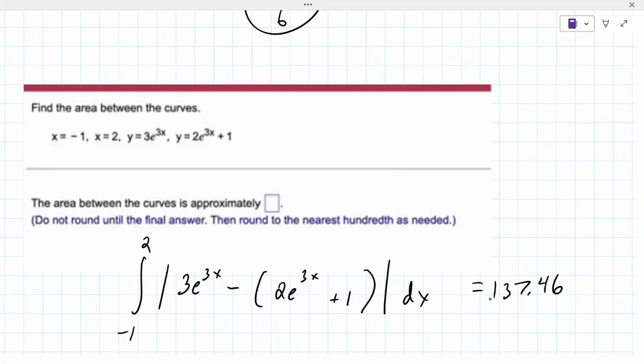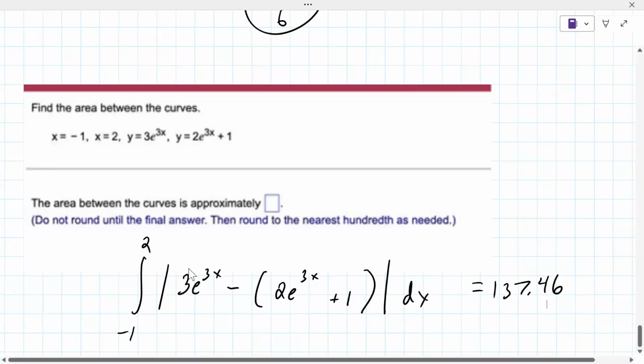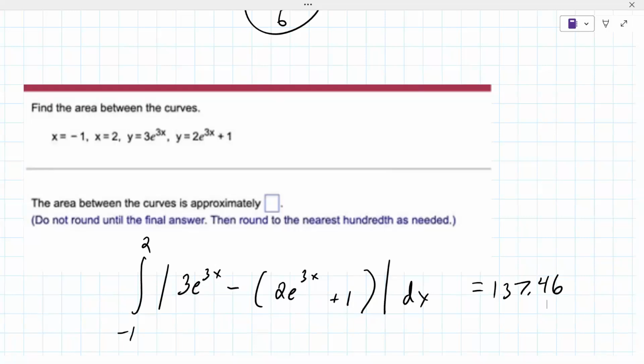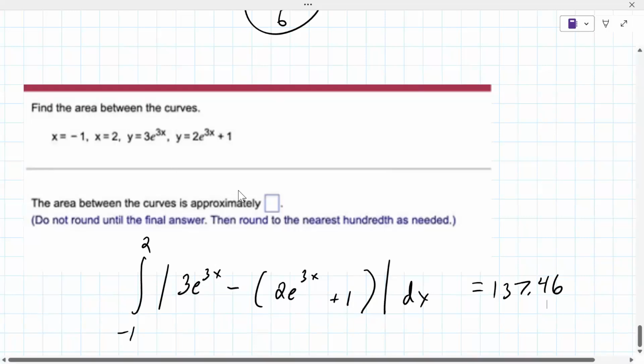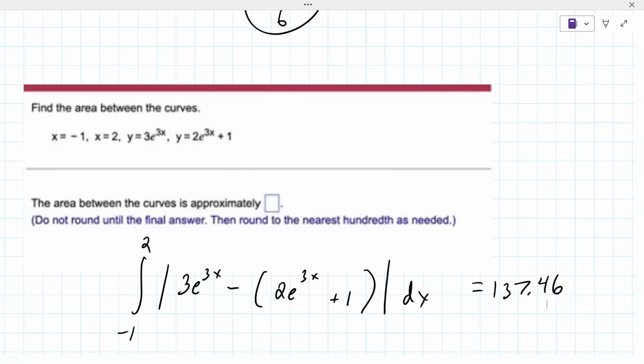I got 132.82. We get slightly different answers. Maybe you left out a parenthesis. Maybe I left out something. We want to have the same answer.